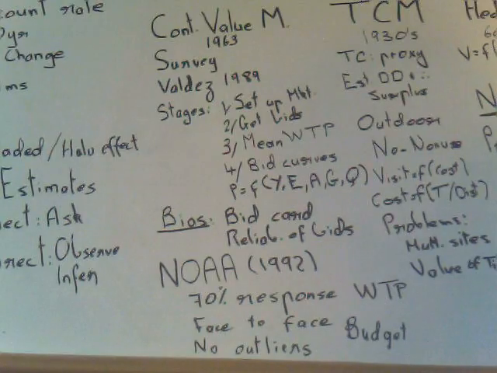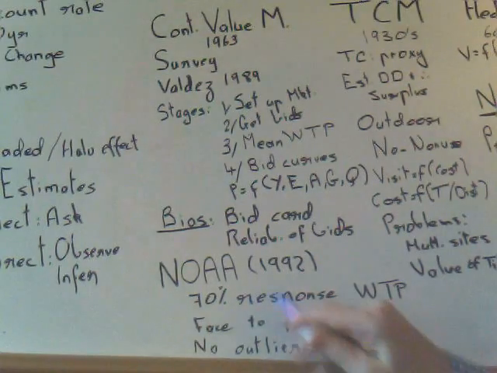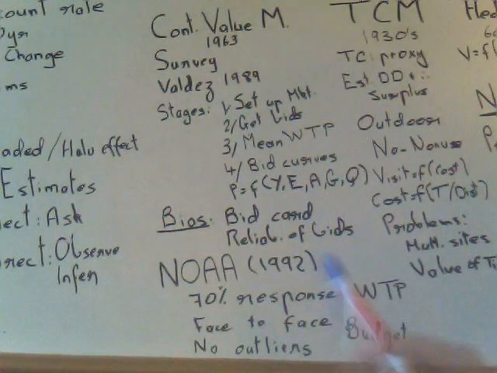So the mail and the email and the telephone are not accepted. You must go ahead and meet the people in person and knock at their door and find out what the responses are going to be, and you try to get 70%. If you cannot get 70%, it's not going to work, and if it's not face-to-face, it's not going to work.